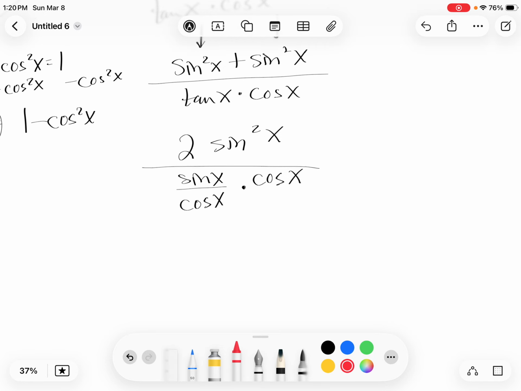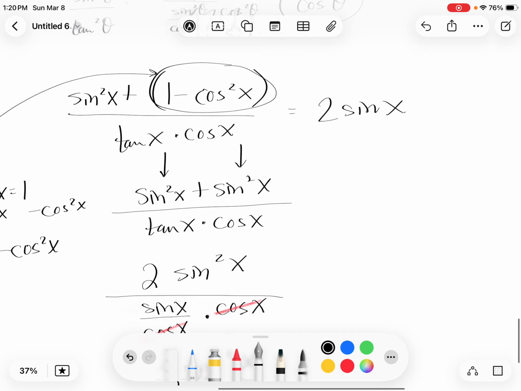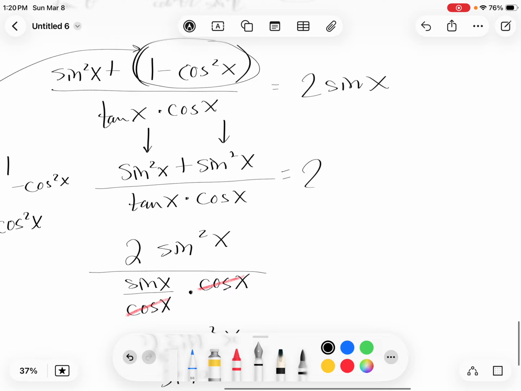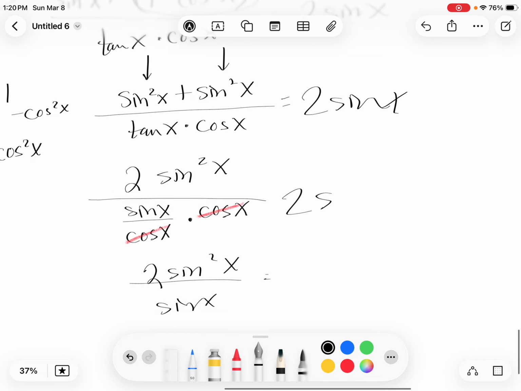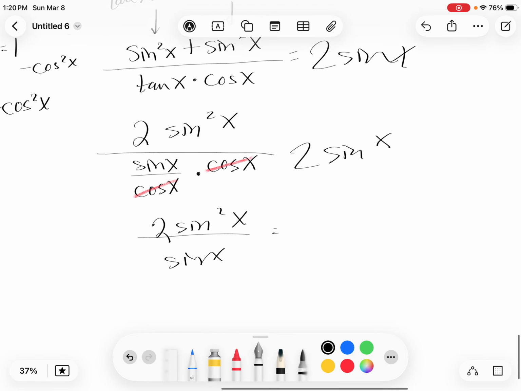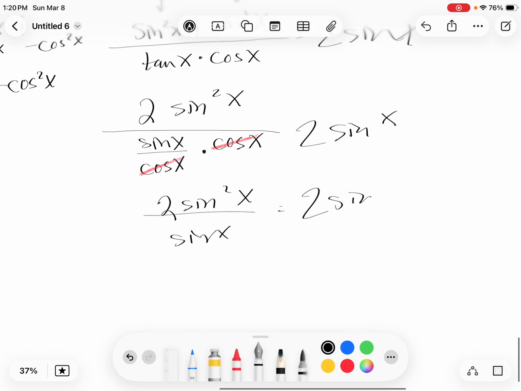Now to cancel, I can cancel this cosine with that cosine. That gives me 2 sine squared of x over the sine of x. And still should equal, remember, all this is supposed to equal the sine of x. That's what we're hoping to get. And I think we're almost there.